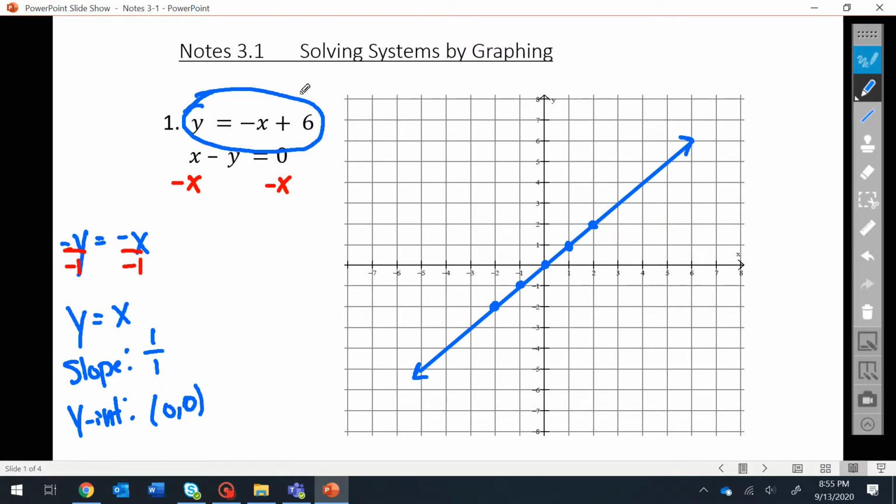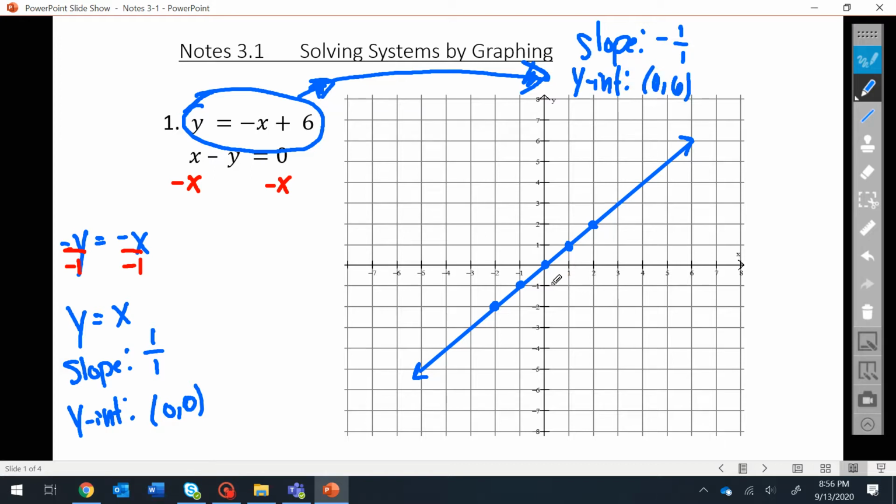I'm going to now graph the first line, and I'm going to do it over here where I've got room. The slope of the first line is negative 1 over 1, and the y-intercept is 0, 6.